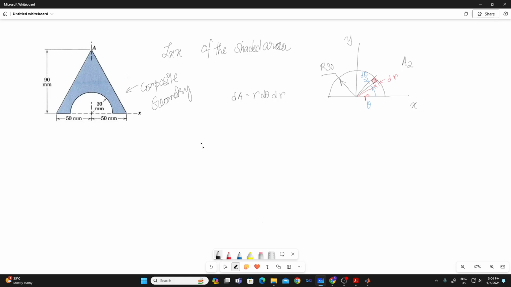In order to get Ixx, it is defined like this: integration over area y squared dA, and y of course is r sine theta.